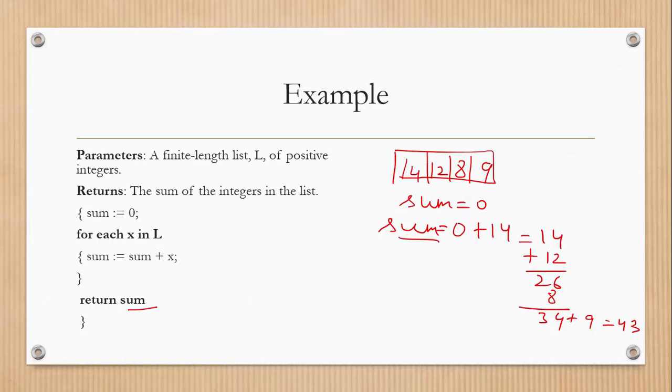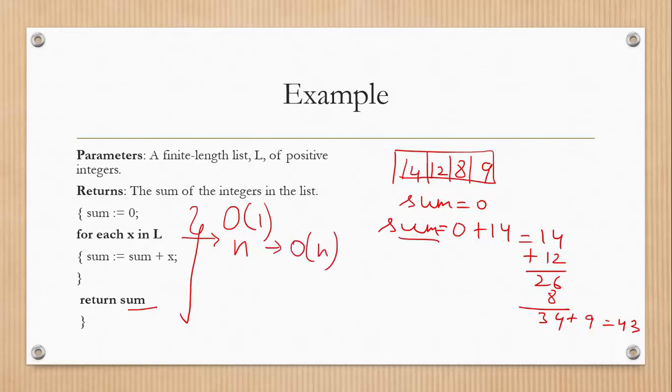Now while calculating the complexity of this algorithm, we will estimate the complexity of each statement. For example, the first statement is an initialization statement, which is a constant time operation. So its complexity is big O of 1, meaning it is not dependent upon the input size of the list. Next, for each element x in the list, this loop is depending upon the value of n, that is, it is depending upon the input size. So its complexity will be big O of n.